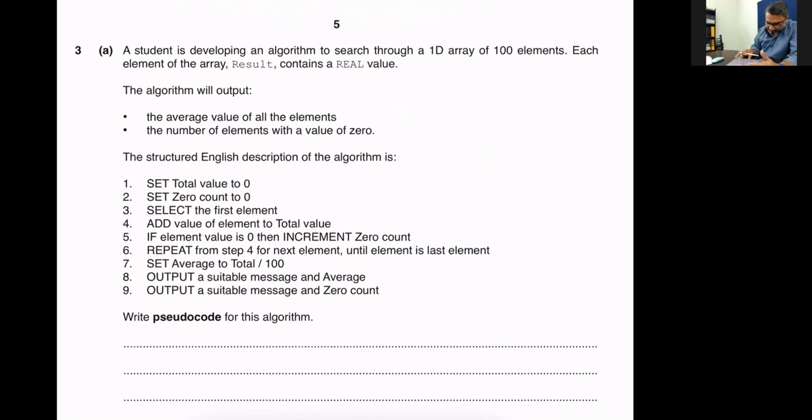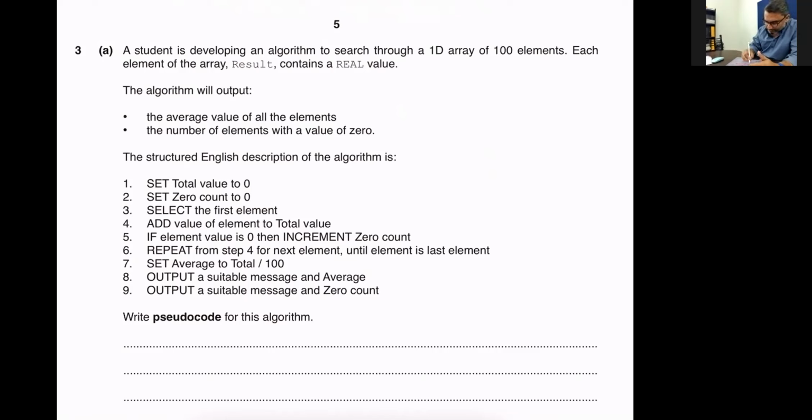If element value is 0, then increment 0 count. Repeat from step 4 for next element until the last element. So next I. Set average to total divided by 100. So Average is equal to Total divided by 100. And then it says output suitable message and average, output suitable message and 0 count.